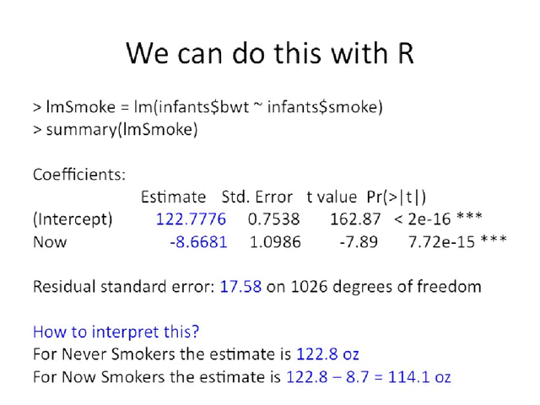It's very handy the way they build up little pieces. They start with the intercept, which is where everybody starts, and then you add on bits to get to the average for your group. For the never smokers, there's nothing to add on, so you're 122.8. For the current smokers, you add on minus 8.7 to get 114.1.